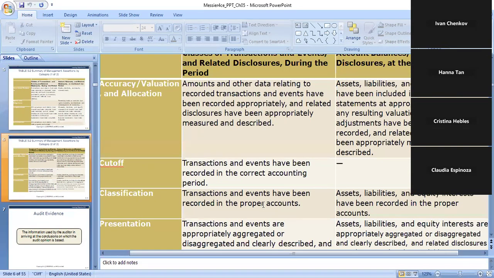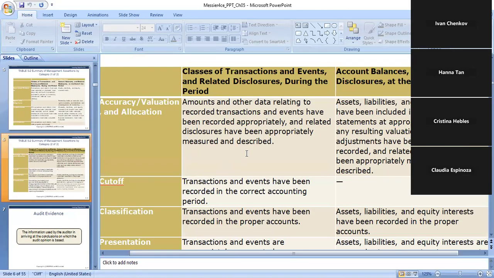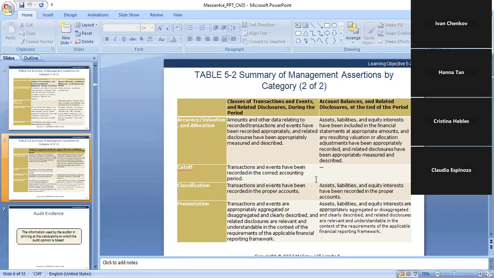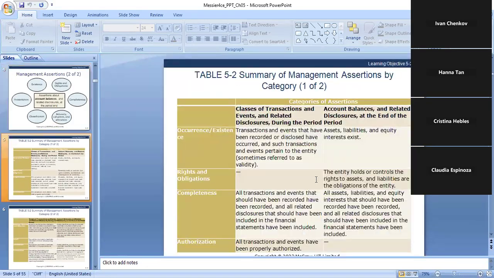So this one is a repetition of chapter 1. Those two slides are a repetition of chapter 1, as you can see, but in this case they're put side by side, so you can actually see how those two are related, and where is the overlap. On some of the assertions, we don't have an overlap.